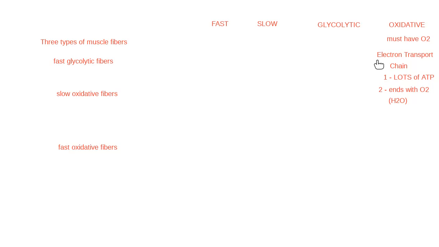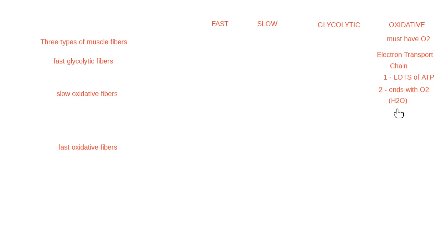So the electron transport chain, my body uses it in all of my cells, for the most part. Oxidative muscle cells rely on this as their energy source. The electron transport chain makes a ton of ATP, like 36 molecules of ATP. We end by making water, that's our waste product.